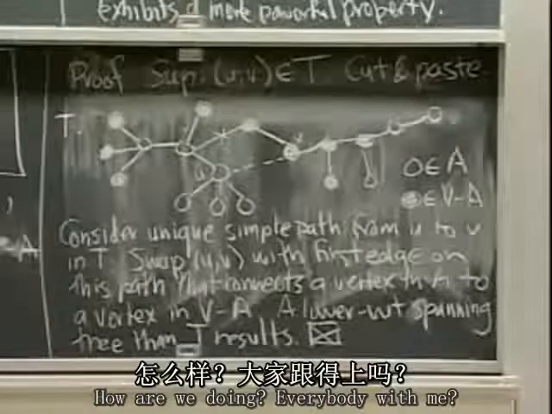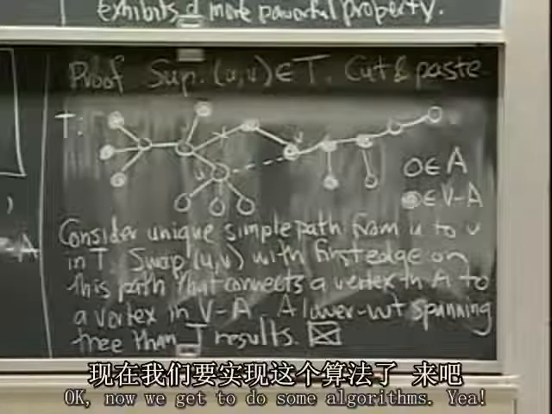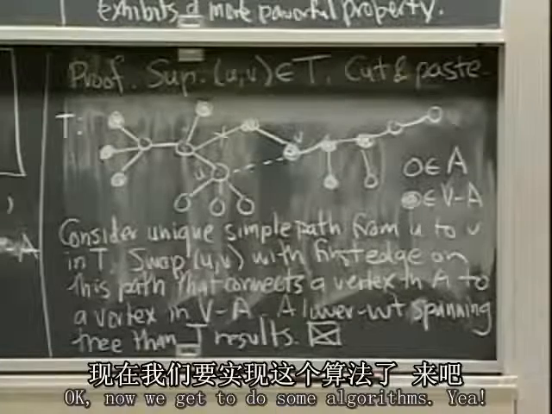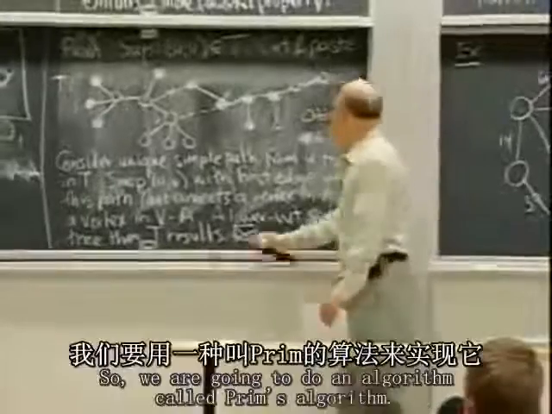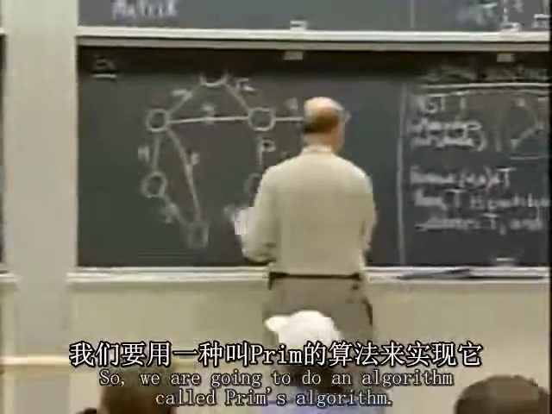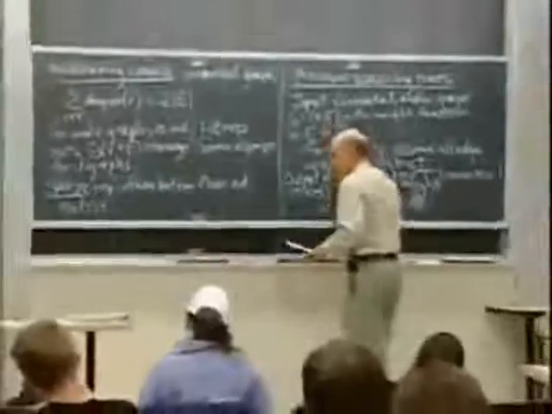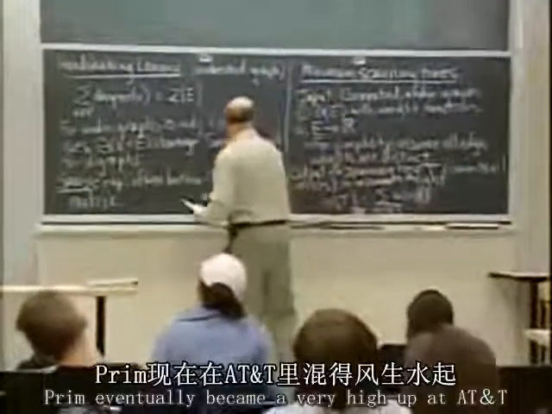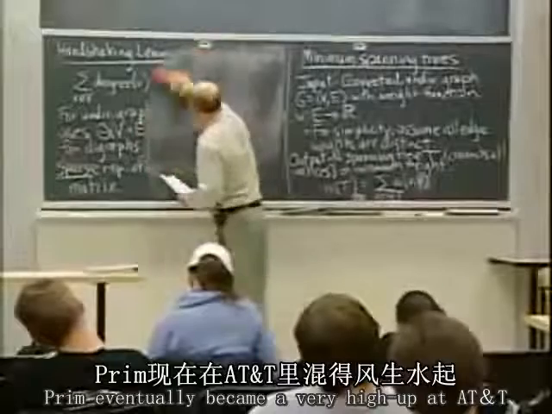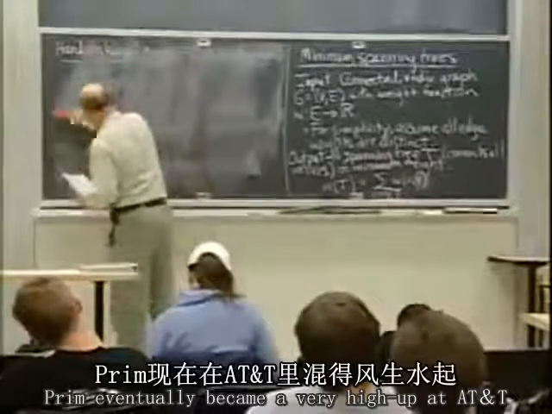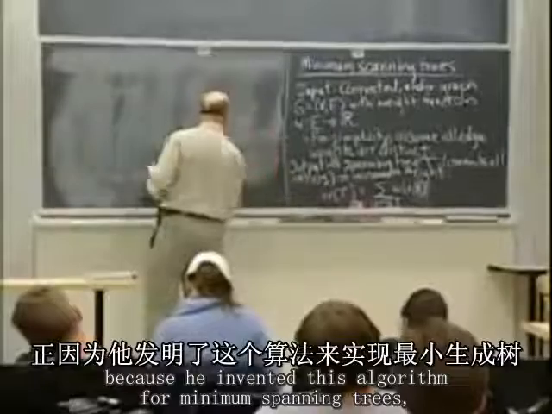How are we doing? Everybody with me? Okay. Now we get to do some algorithms. Yay. So we're going to do an algorithm called Prim's algorithm. Prim eventually became very high up at AT&T because he invented this algorithm for minimum spanning trees.